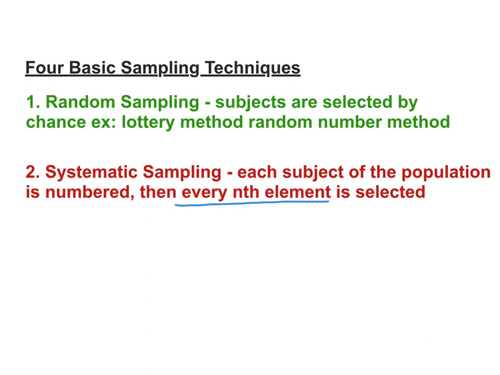And every student got one number, and I selected every 7th person. So I picked 7, 14, 21, etc. until I had my sample. It has to be every nth element, okay? So it can't be the third and then the seventh and then the 12th. It'll always be every 10th, every 7th, every 4th, every other, that kind of thing. That's systematic, where a system has been created to select those participants in the study.